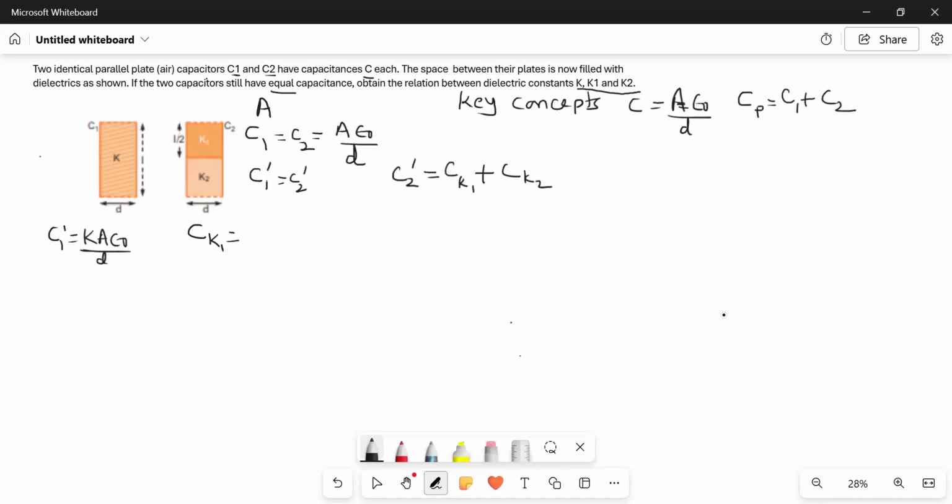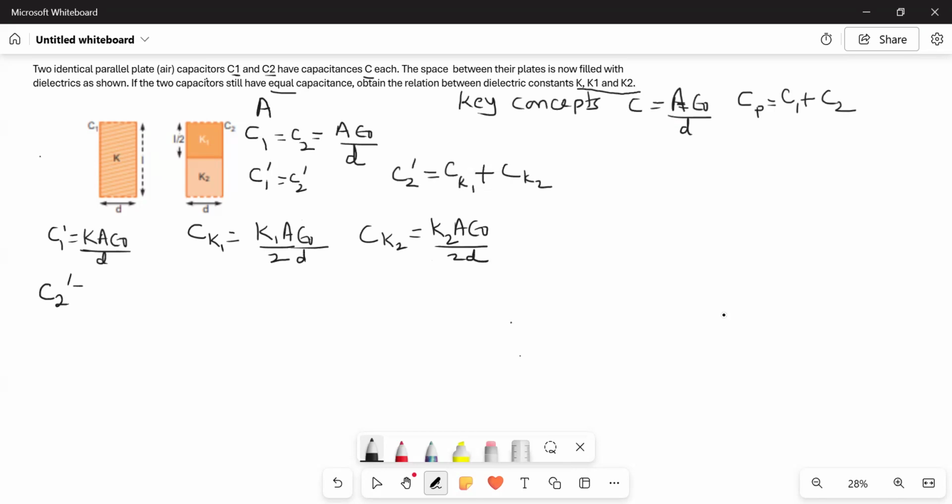CK1 value will be K1 A epsilon naught by 2D, because the area of cross-section is just half. Similarly, CK2 will be K2 A epsilon naught by 2D.